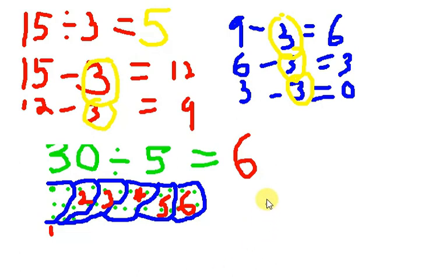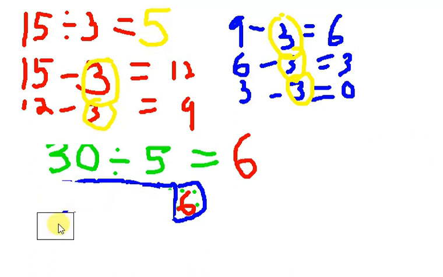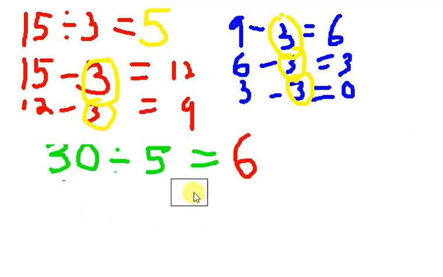In the same way, shall we come down to what we have already done here using illustration, but this time around wanting to use only numbers? We can then decide to say 30 minus 5 should give us 25.